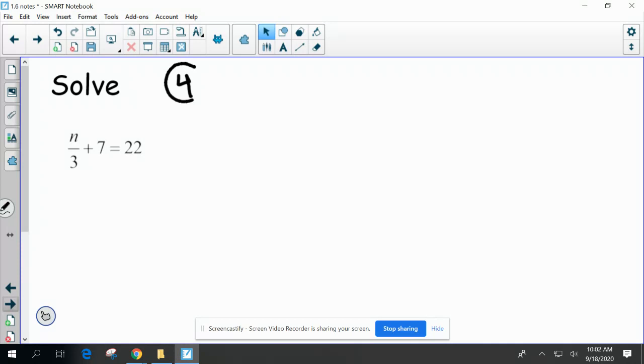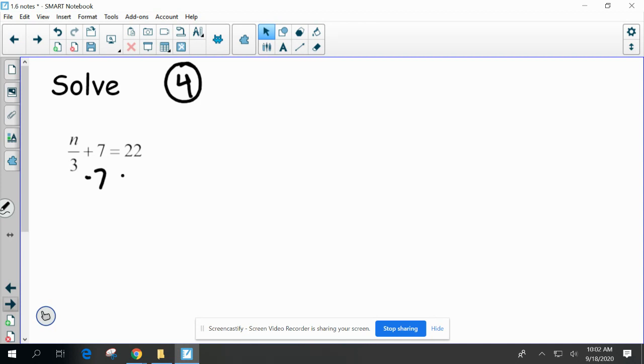Number 4. All right, so does this one have the fraction covering the whole thing? Is the whole side a fraction? No, so then we would do PEMDAS backwards because the whole thing is not a fraction. Just one little part of it is a fraction. So we'll do PEMDAS backwards, so we're gonna start with what?